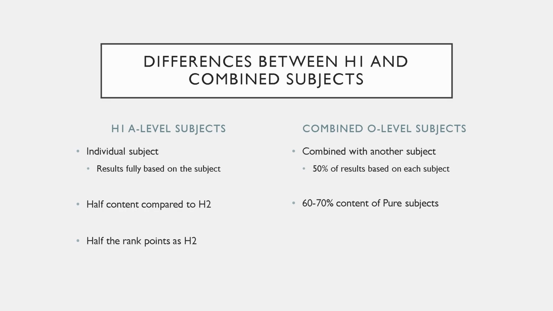Conversely, a H1B is half as punishing as compared to a H2B. In contrast, as we all know, all subjects at the O-level carry the same number of points based solely on its grade. Now that we have a rough understanding of the H1 and H2 format, let us now discuss some considerations for taking A-level physics.